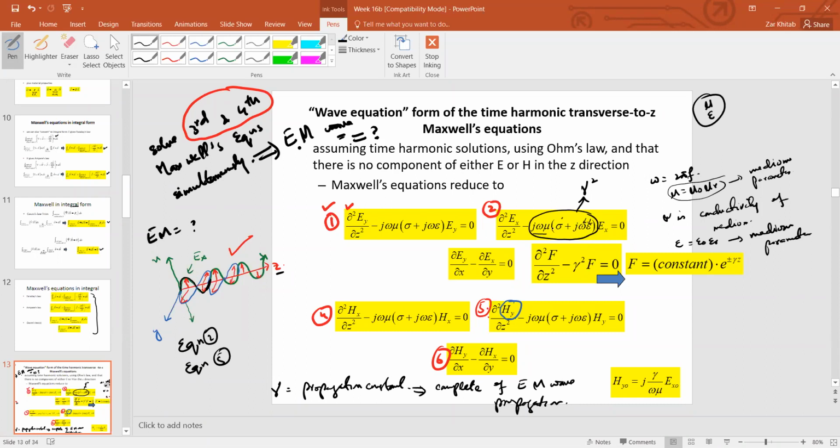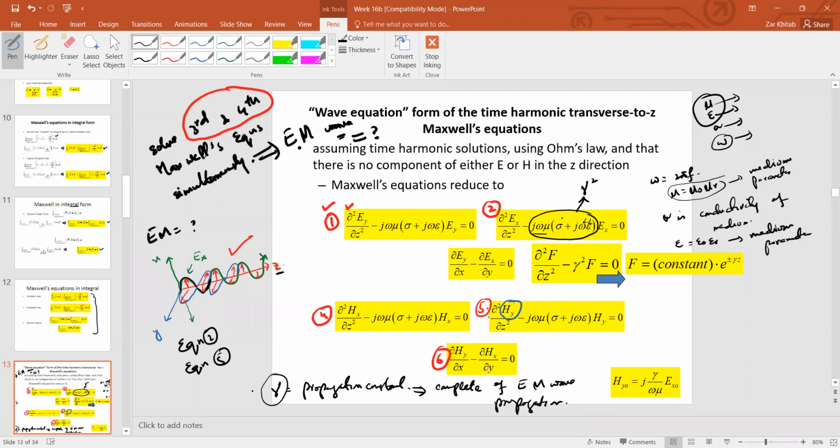So a wave which is moving through certain medium, having certain mu, having certain epsilon, having certain conductivity of the medium, having certain frequency of the wave, what will happen to the wave after a second or 10 seconds or say 100 kilometers? What will happen to the electromagnetic wave? What will happen to the energy of the electromagnetic wave? An entire journey of the electromagnetic wave will be represented by the gamma term.